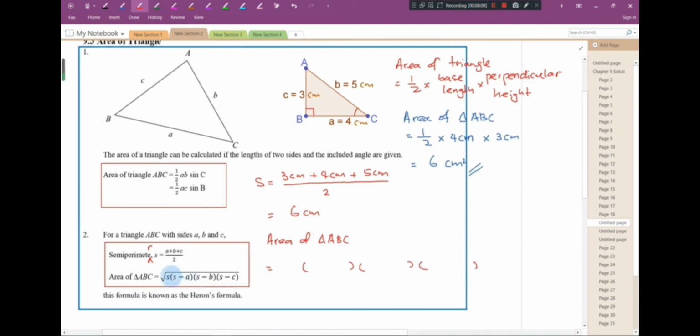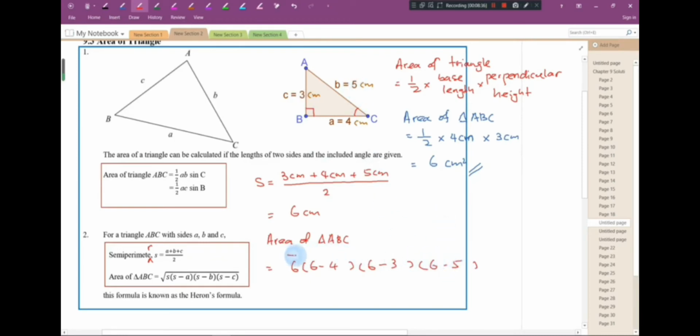So S is the semi-perimeter of this right angle triangle, which is equal to 6. And then we need to take this semi-perimeter minus the side length, minus A, which is 6 minus 4, times 6 minus 3, times 6 minus 5.